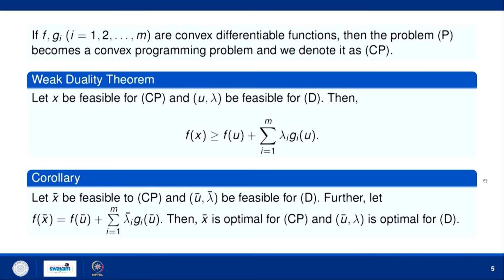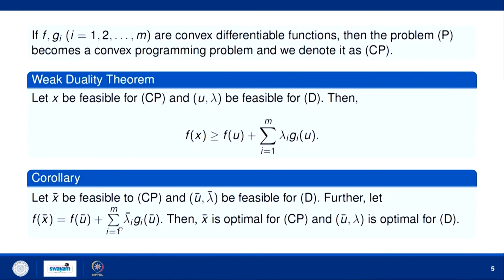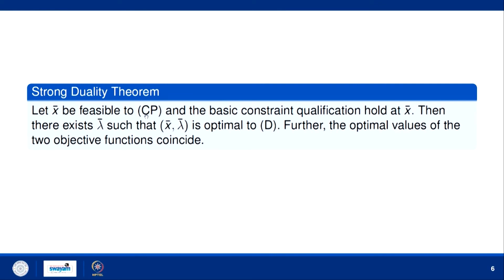So, in this way we can say that if the optimum values of the primal and dual are equal, then the points where they are equal are nothing but the optimal solutions of the respective problems. So, next is the strong duality result, which states that if x bar is a feasible point of CP and the basic constraint qualification holds at x bar, then there exists lambda bar such that (x bar, lambda bar) is optimal to the problem D. Further, the optimal values of the two objectives coincide.